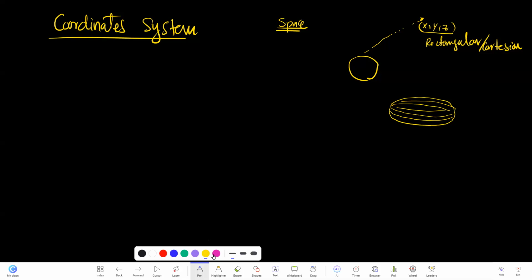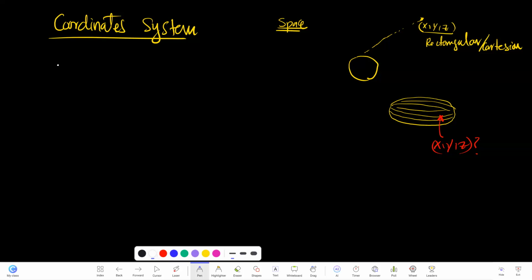If I ask you to take a marker and mark a point somewhere on the ball, not in space, on the ball, how can I give you the coordinate for this? I cannot give it to you in x, y, z form. That's exactly where the other two coordinate systems were born.